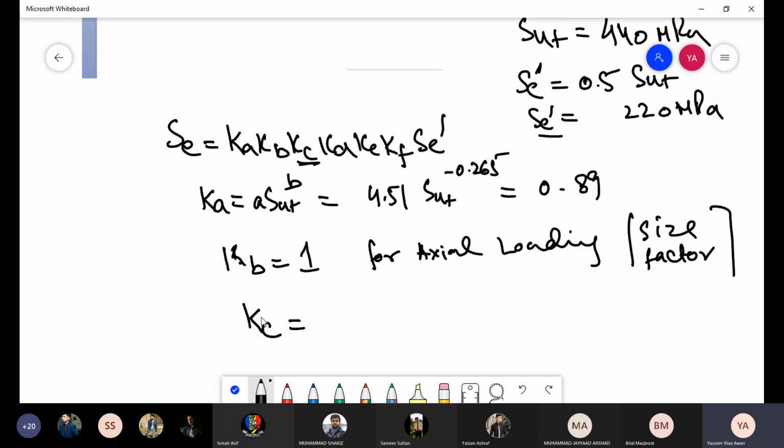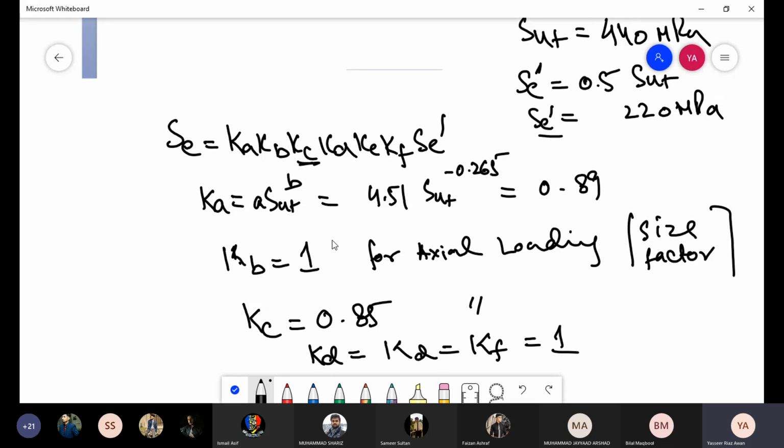Whereas the load factor Kc is 1 for bending load, pure bending, and 0.85 for axial loading. And for reliability, temperature or some miscellaneous situation, there is nothing in the problem statement. So we have to take all these factors equal to 1.